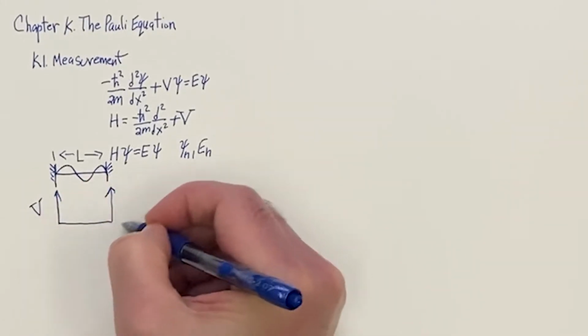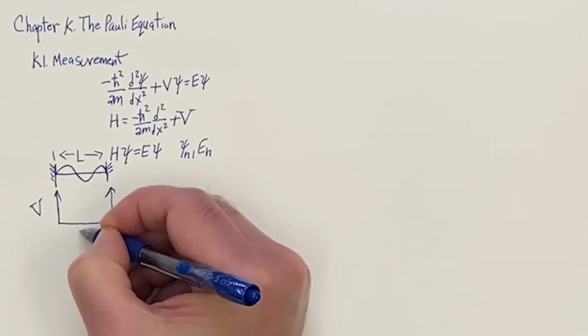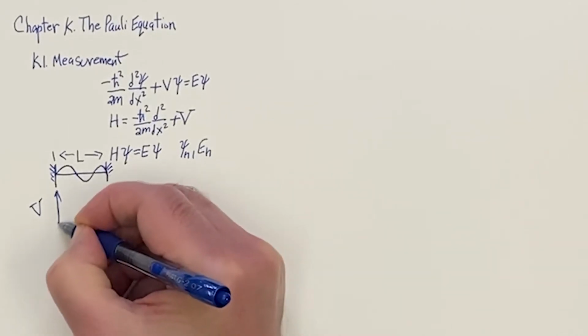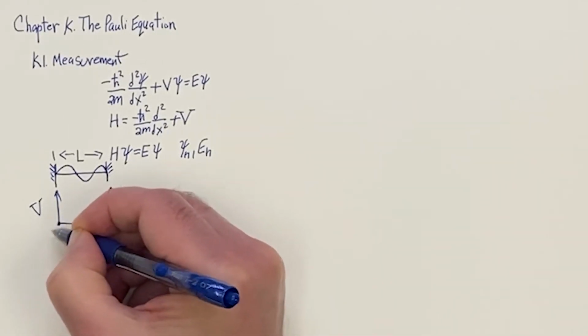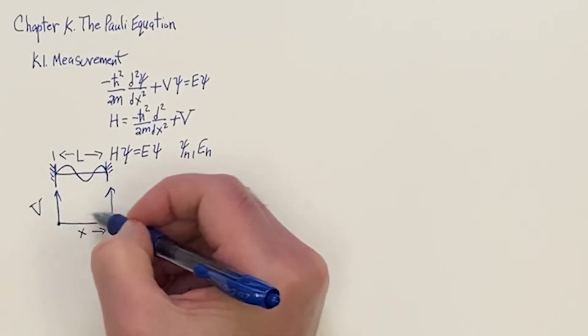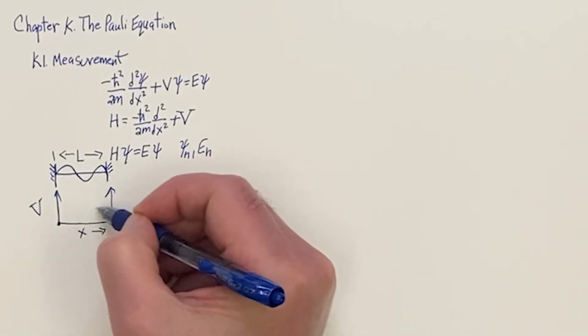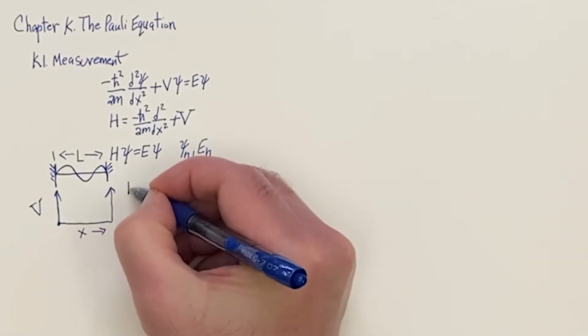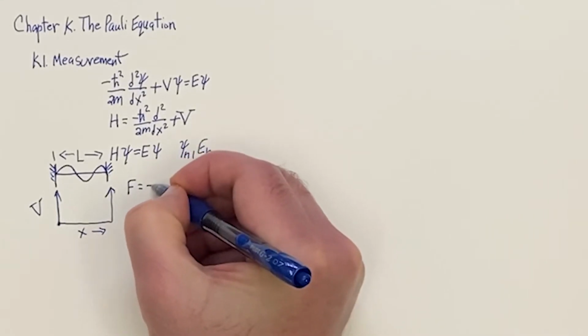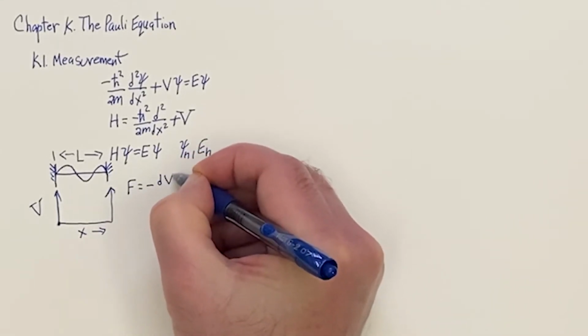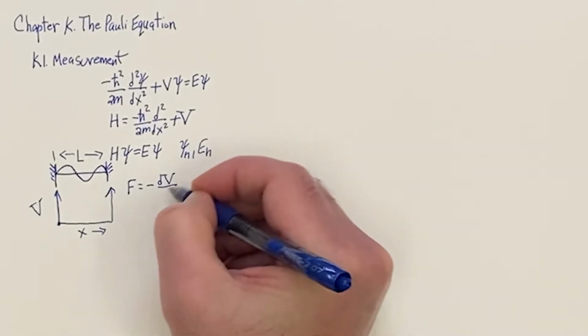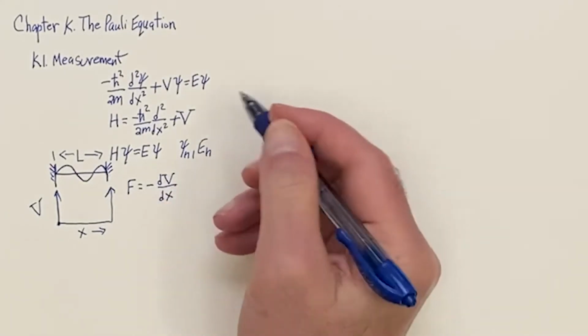Potential basically here is, say, x going this way from the origin, that the potential is 0 in here, and remember your force is minus the derivative of potential energy with respect to x.